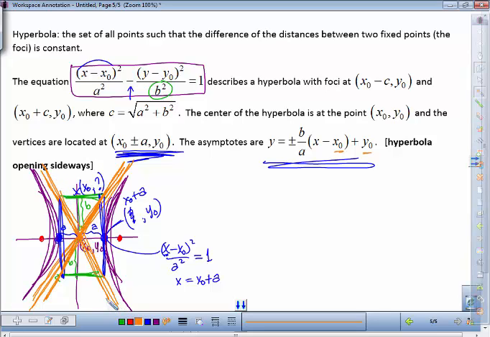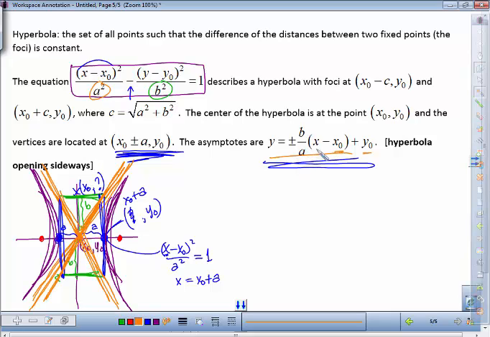Have you seen that before? Okay. So that's another way to get it. Just by looking at the a and the b, make that box out of this and then draw those lines along the corners, and these lines would be your guide to your hyperbola.